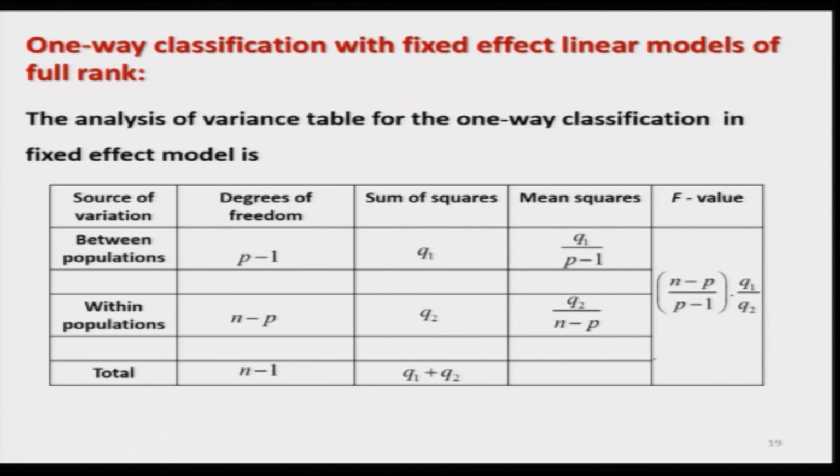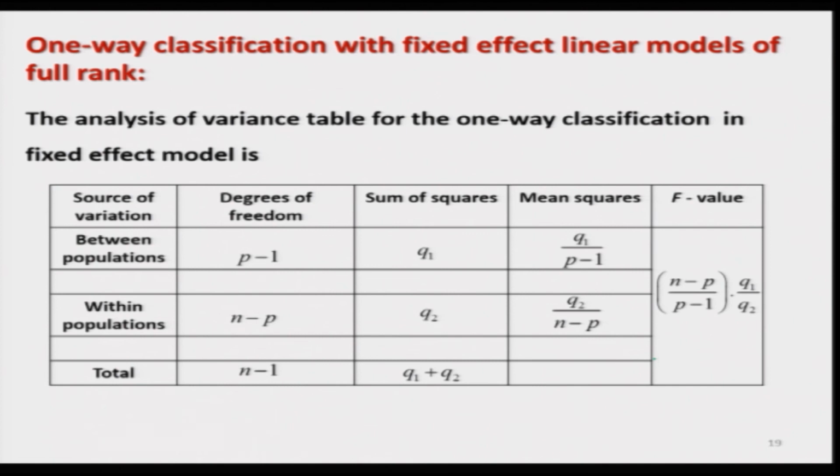As a user, you may not be interested in the algebra or the mathematical steps you have followed. What he or she would like to know is the final outcome based on which to take a decision. So, that is why we compile all the results in the form of an analysis of variance table.